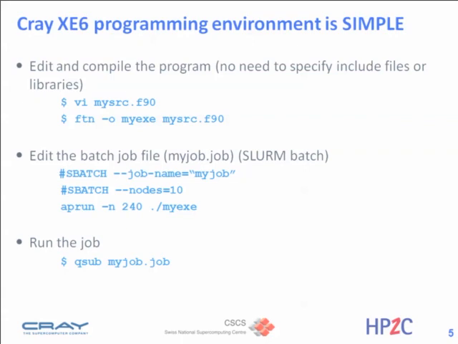It sends my exe to the right compute nodes, where it is executed, and you get the output back. This is the job, and this is how you submit the job. You submit my job.job, and it does whatever it needs to do. Now, the rest of this hour and a half goes to understanding what's behind this.